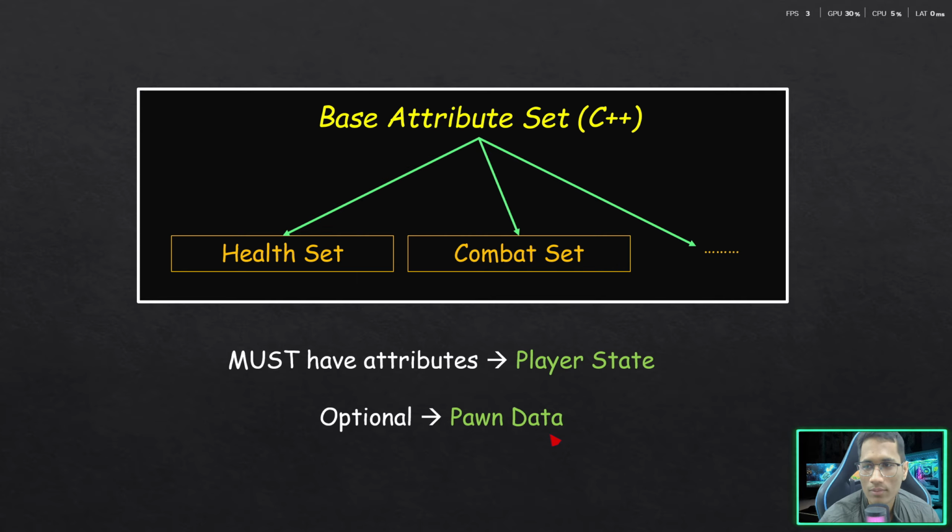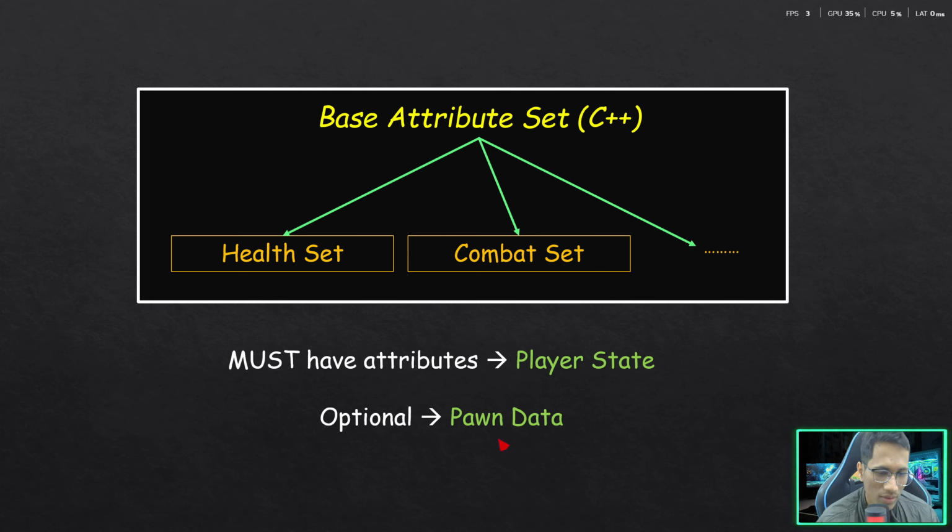Let's say you are developing a multiplayer game or a shooter game, not a story based game, but one where you have different types of maps and modes where you apply different kinds of features and experience. In that situation you will not require all the attribute sets, right?